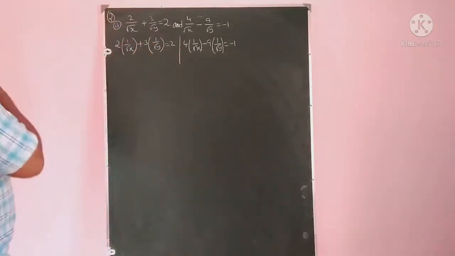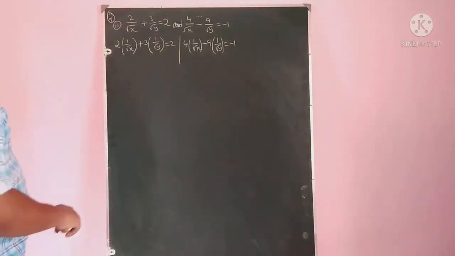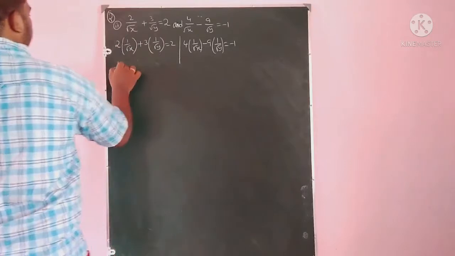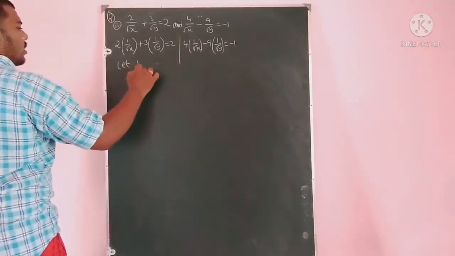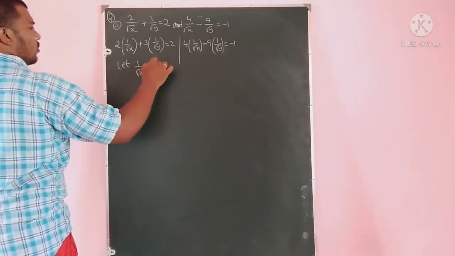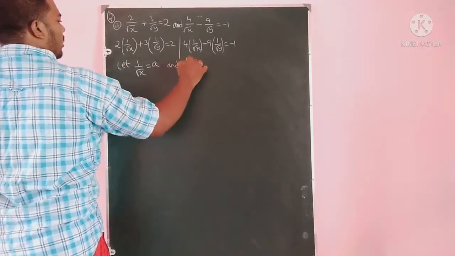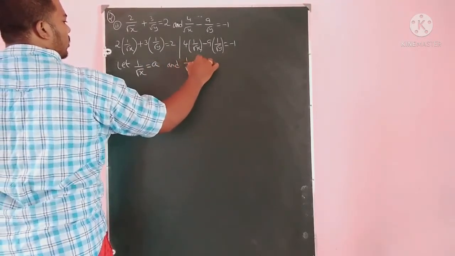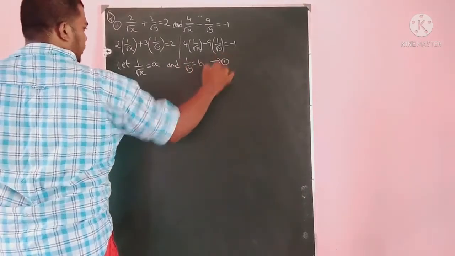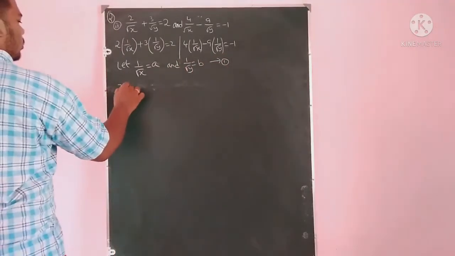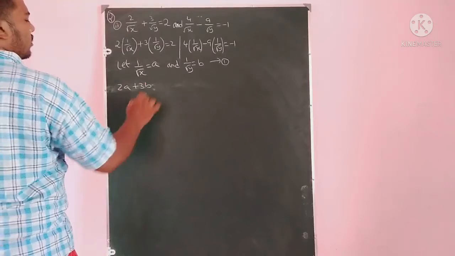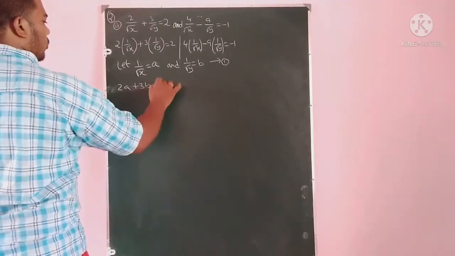So if you practice this without any mistakes, we can do that. Let 1 by root x be equal to a and 1 by root y be equal to b. Assume this as equation 1. 2a plus 3b is equal to 2.